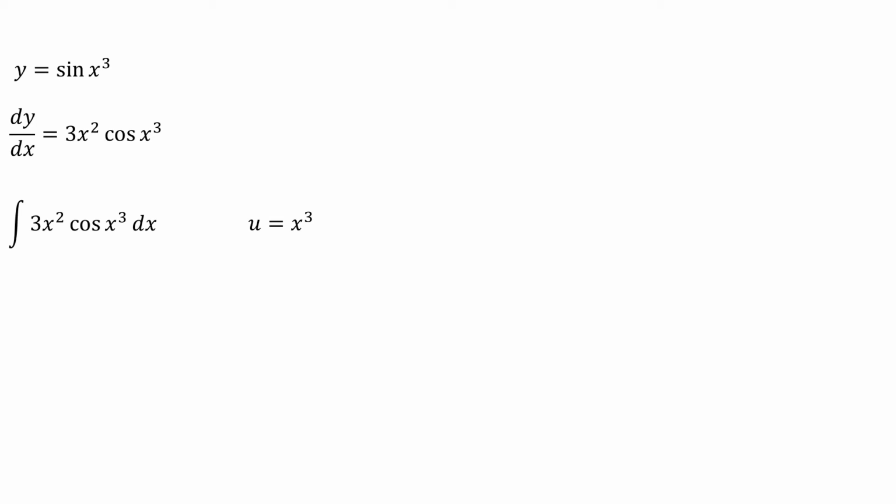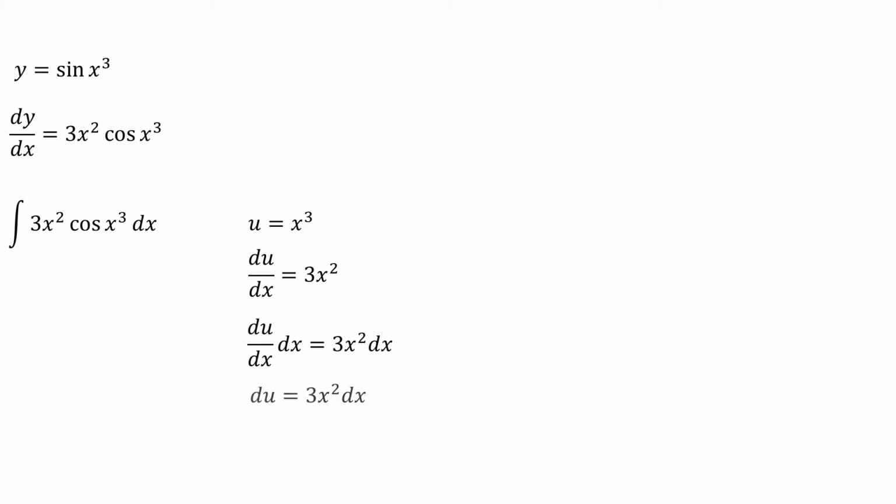And then if I take the derivative of u with respect to x, I get 3x squared. Now, at this point, if I don't see something resembling that 3x squared in the integral, I'll know that I've not chosen my u very successfully. But I see that there is a 3x squared in the integral. So I'm thinking, okay, I've chosen very wisely. Let's multiply both sides of that equation by dx.